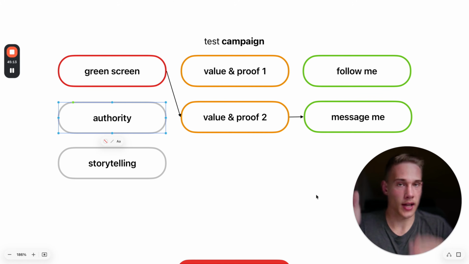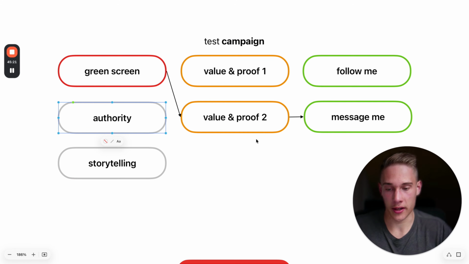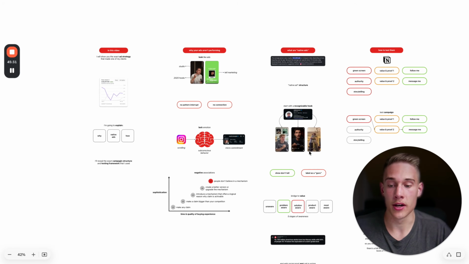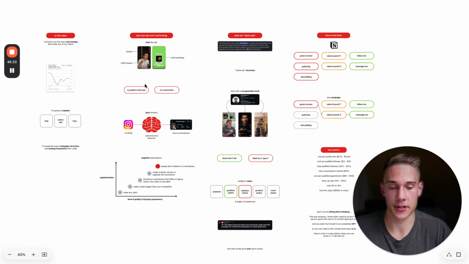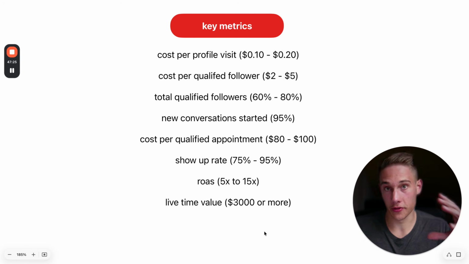And after looking at the numbers, which I'm going to share with you in a second, we were able to identify: this is the best format when it comes to hooks in his niche, this is the best value part, and this is the best call to action. And then we were able to find that killer ad that generated him most of the money that you see right here.